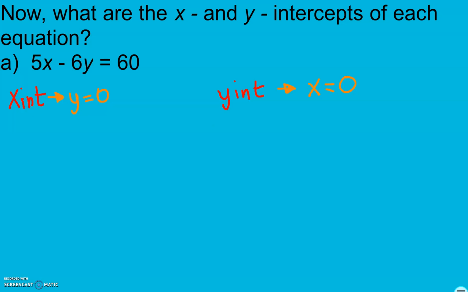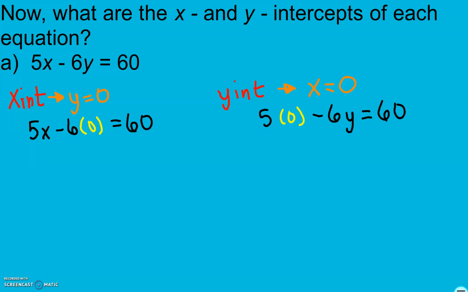Now we can plug those in and solve. So 5x minus 6 times y, which we said is 0, equals 60. So again, I just replaced y with 0 here. Same thing for my y-intercept. I have 5x, which we said is 0, minus 6y equals 60. I can simplify here by multiplying first, and then by subtracting.